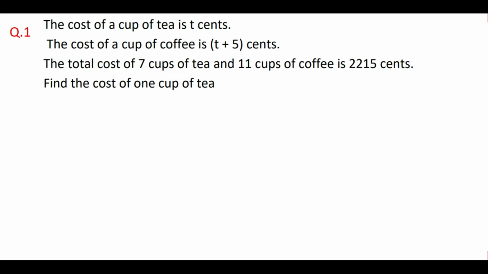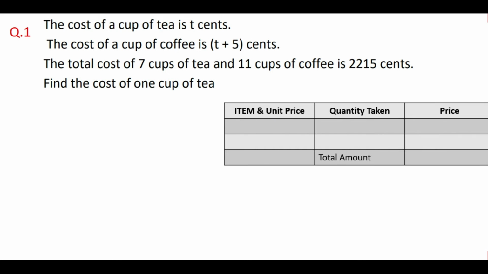Okay. So for the first question, I'll just try to give you a table which will make things easier for you. The two things that you're buying are tea and coffee, and the cost of 1 cup is given to you here. For the tea, it's T cents, and for coffee, it is T plus 5 cents.